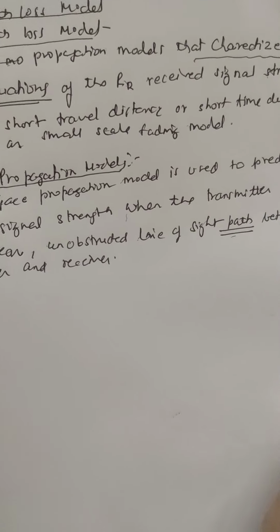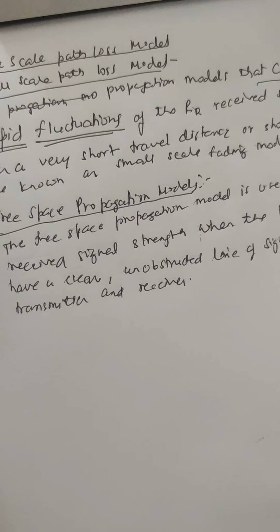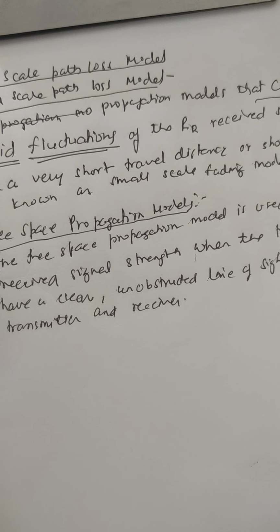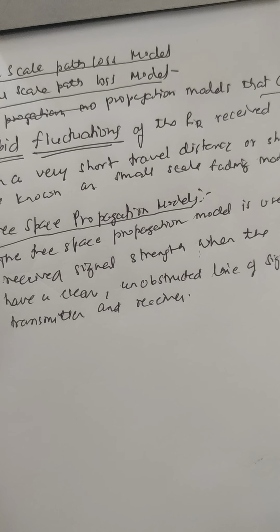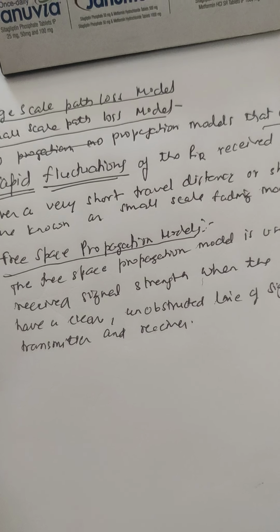So in the free space model, it is assumed that a line of sight between transmitter and receiver is taking place.